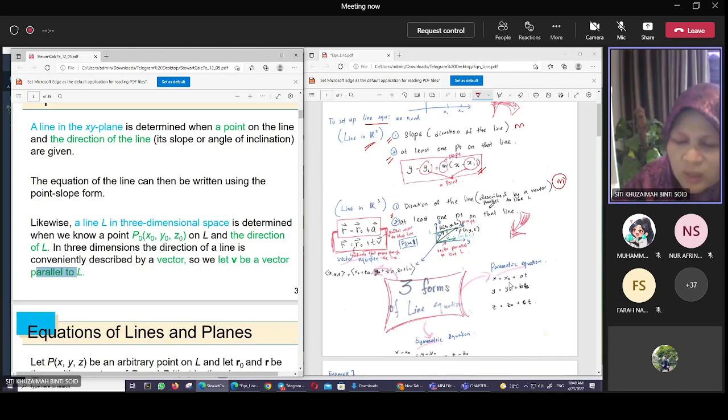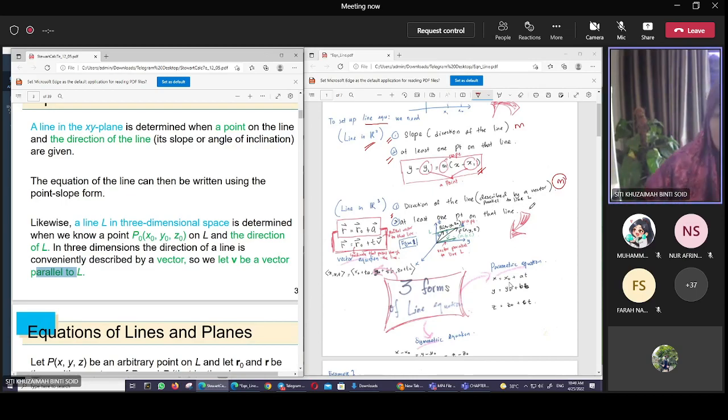For the plane equation we will learn how to set up the equation of a plane. Now we are going to set up the equation of a line. This vector must be parallel to the line that we are looking for, because now our issue is setting up the equation of the line. So the vector we want must be parallel to the line.